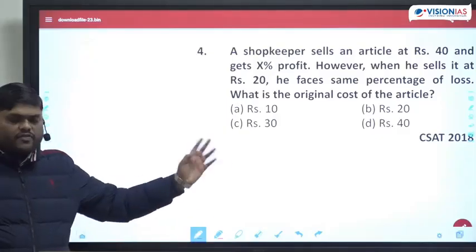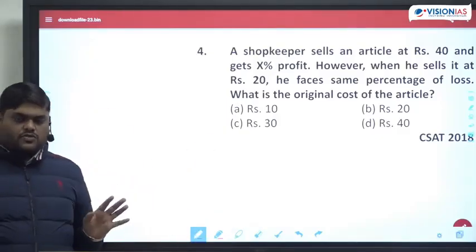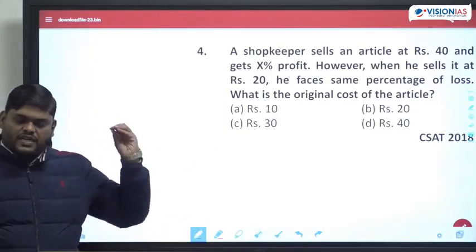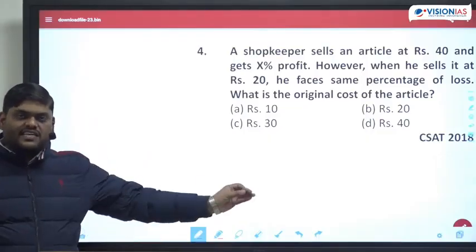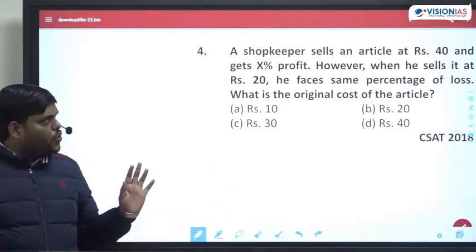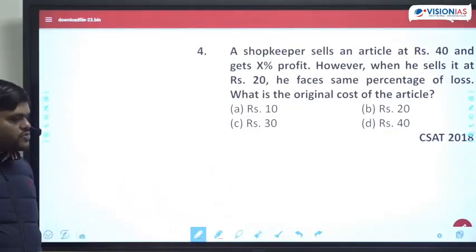If I am solving this question, I will not use the pen also. Without pen, without anything, only by common sense I can solve this question.